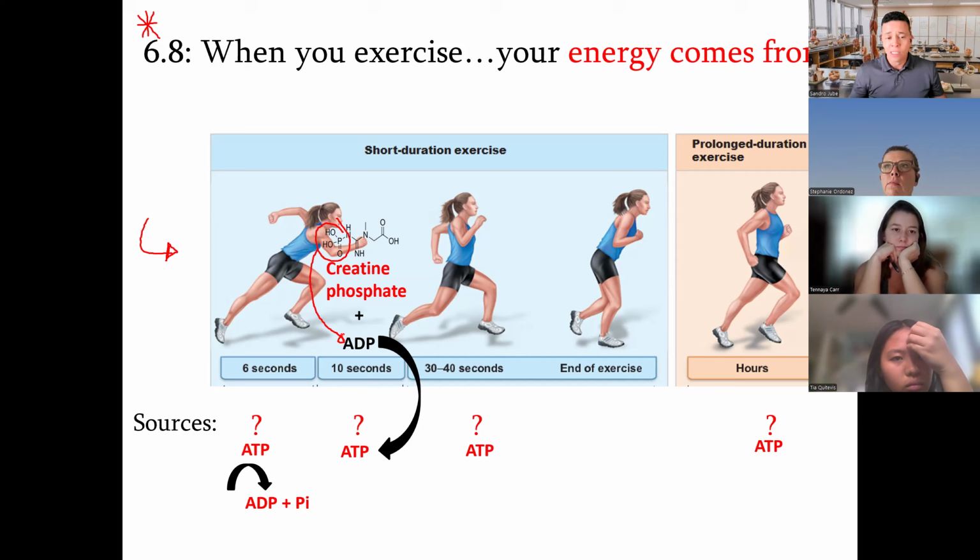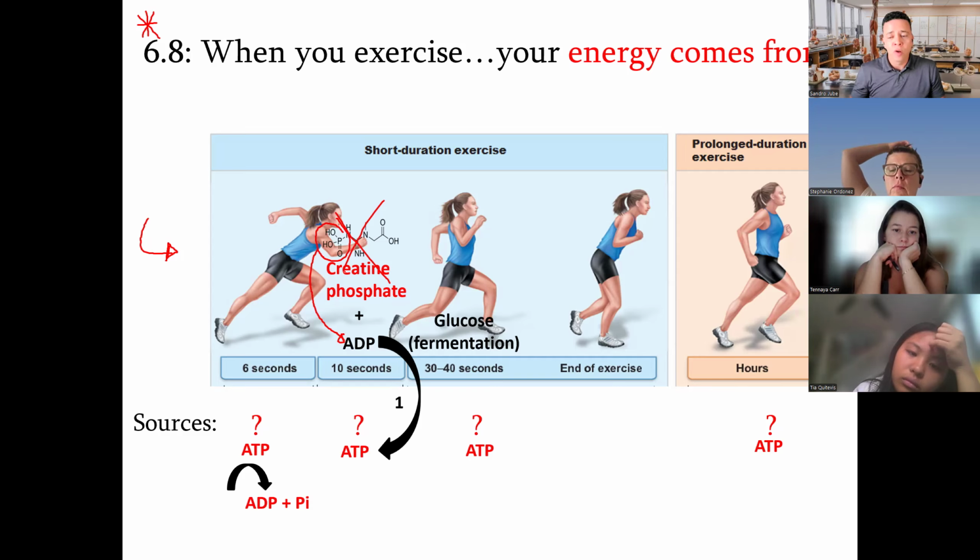exercise. Now, as you can imagine, again, the creatine phosphate will eventually run out of the skeletal muscle cell. What is our body going to do now for energy? Now, as we continue to exercise, the cell needs a fast, dirty way to get ATP. And it's going to do that through what we call glucose fermentation.